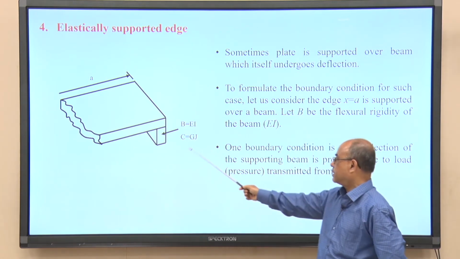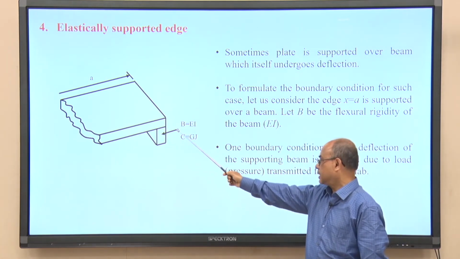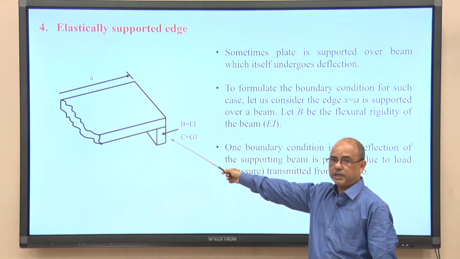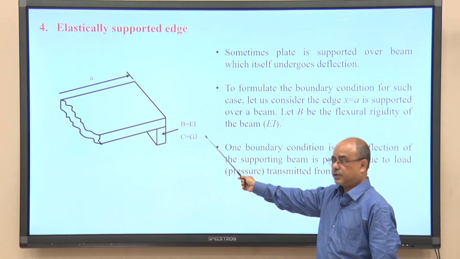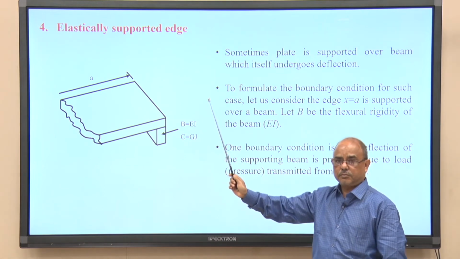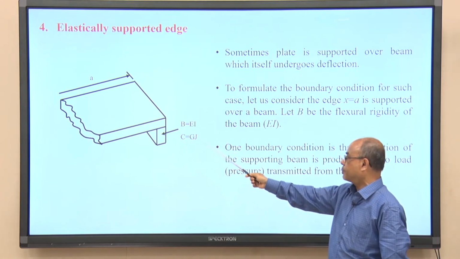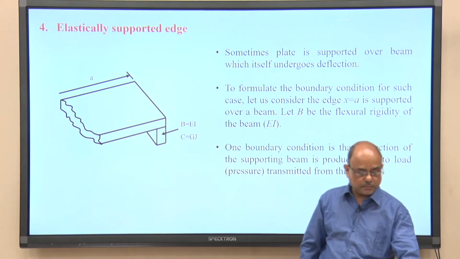However, for a rectangular beam or rectangular sectional support, like the one we are showing here, the torsional constant has to be found out by a proper method. So, these are two parameters that should be known for the beam, and only then can we write the boundary condition.